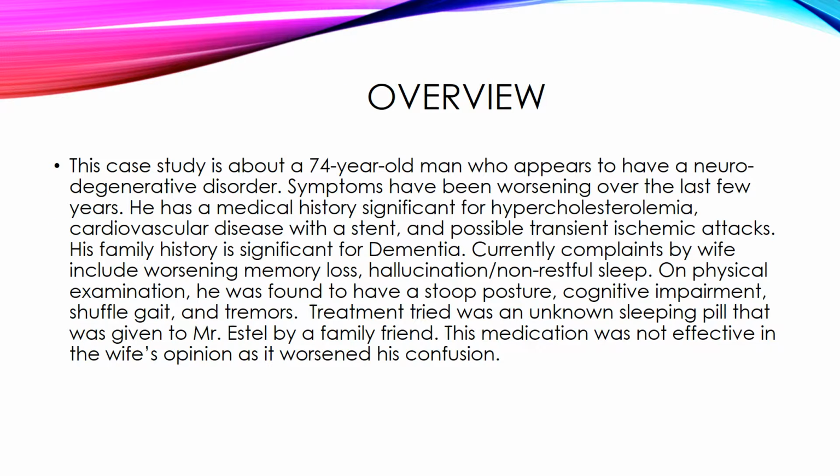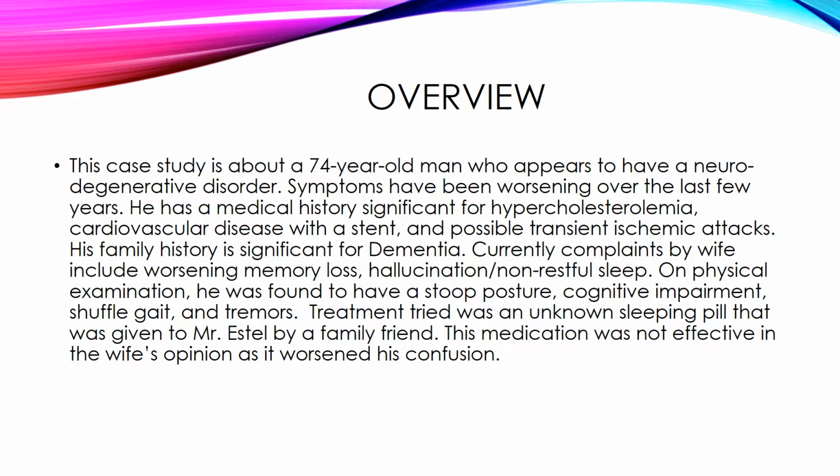Case study number 9 is about a 74-year-old man who has a history that's significant for hypercholesterolemia, cardiovascular disease with a stent placement, and a possible TIA in the past. He presented to the clinic with his wife, who has been complaining of worsening memory problems over the years.